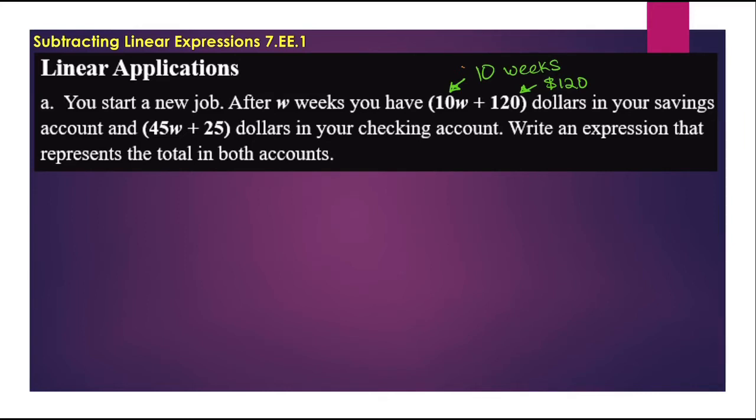That means there was $120 in your account at the start of all this. Before even the weeks started adding up, before you started doing anything with your savings, you had $120 already up front to put into your savings account. So you had $120 in there even with 0 weeks. So that's what that means. So in 10 weeks plus $120.